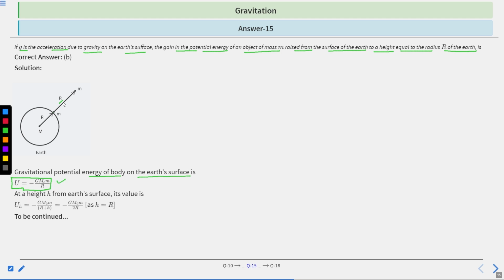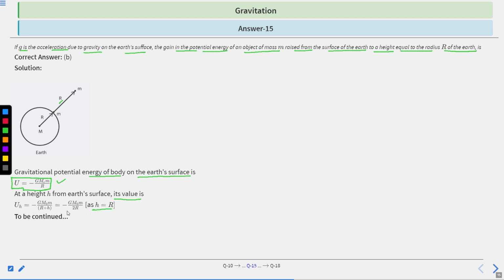At height h, from the earth's surface, which is equal to radius, its value is Uh equal to minus G M naught m divided by r plus h. Clear? Why have we taken r plus h here? Because this is the height from the earth surface. Clear? Which is equal to minus G M naught m divided by 2r, as h equal to r.